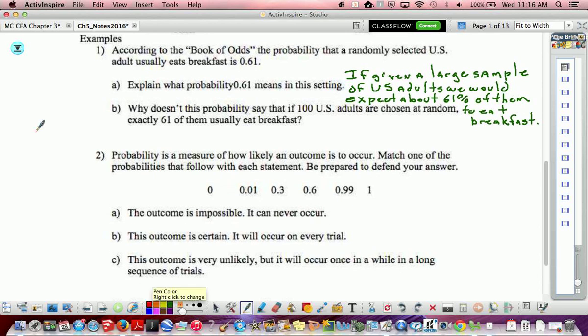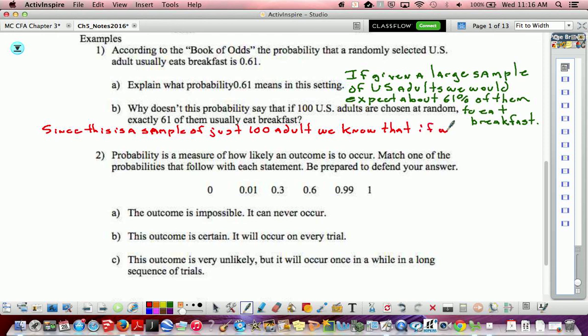Well, we would say something to the extent of this: since this is a sample of just 100 adults, we know that if we repeated the sample, we could have more or less than 61.